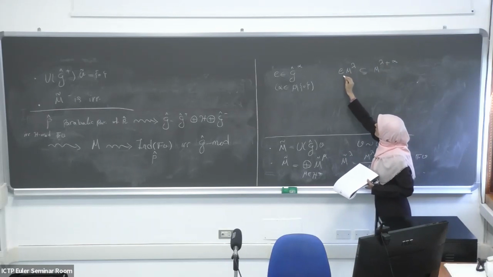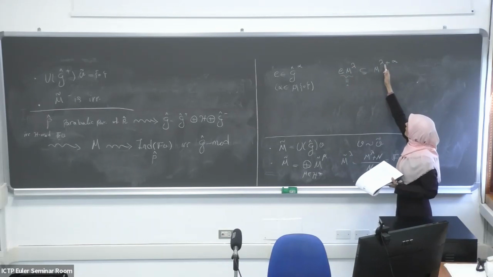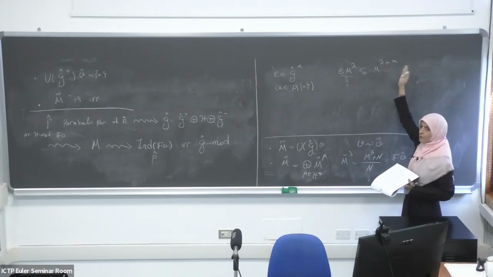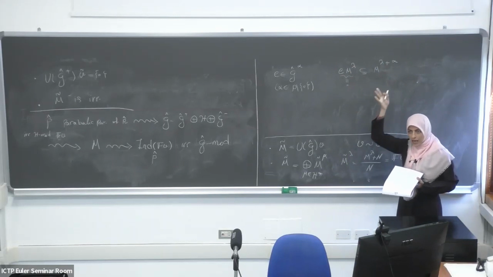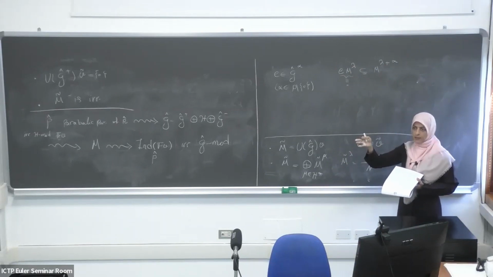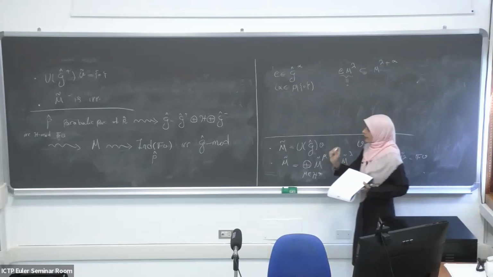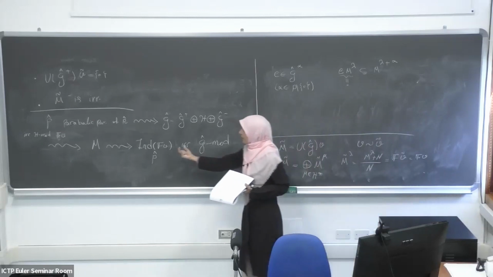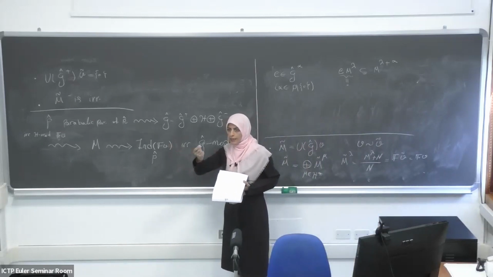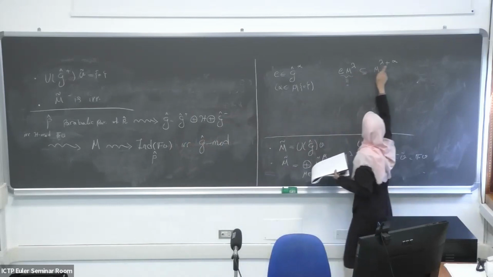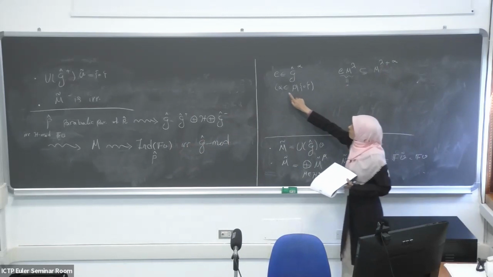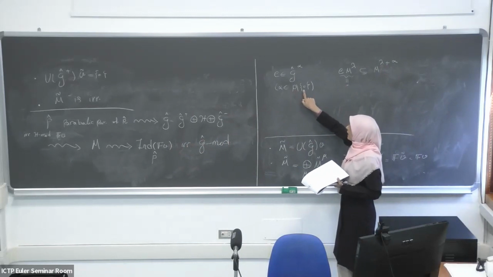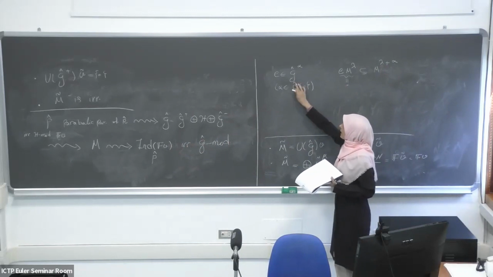But this one is 0. It means that after lambda, we don't have any weight. So it is the highest one, right? It is the meaning of this highest weight module. We say highest weight module because we don't have lambda plus alpha as a weight when alpha is an element of P hat minus 0.